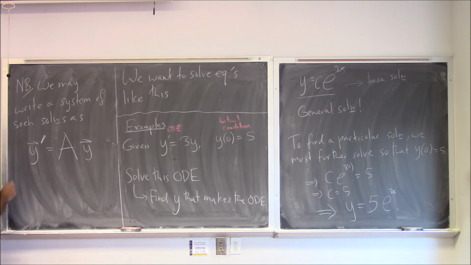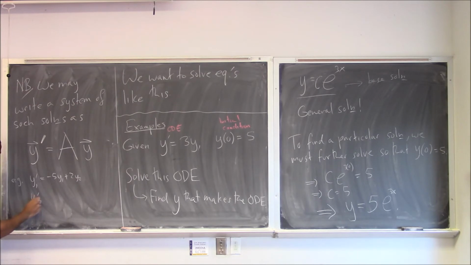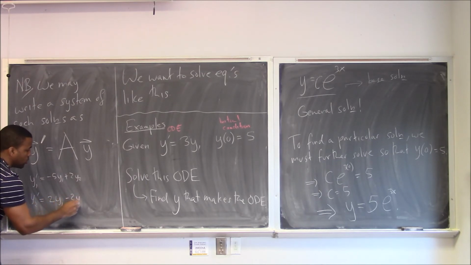So, for example, in the system I gave you, y1 prime is equal to minus 5y1 plus 2y2, and y2 prime equals 2y1 minus 2y2.